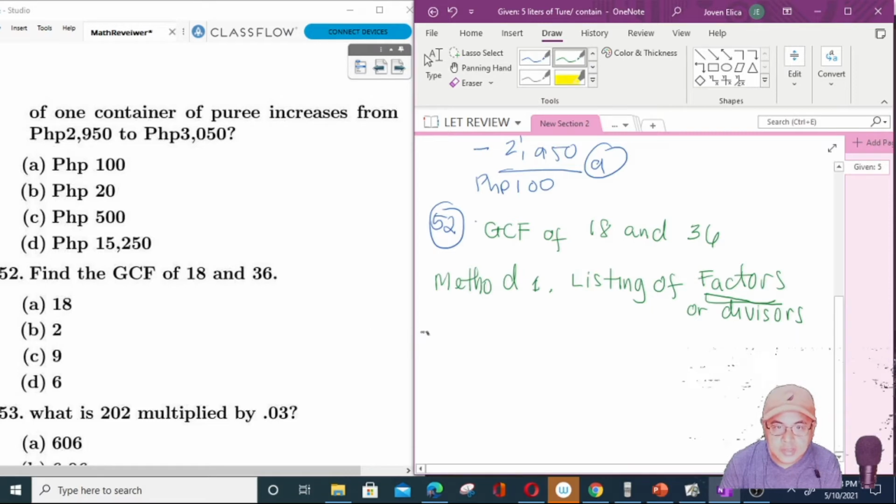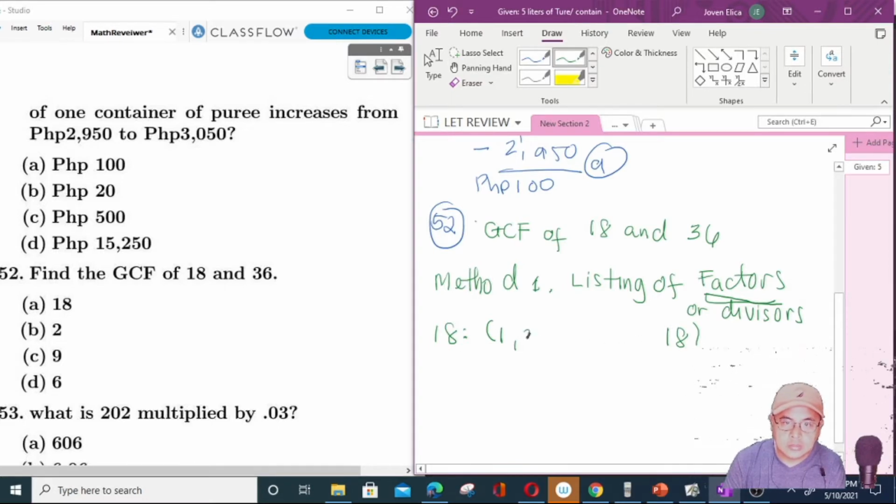Okay, so for example, for the listing method, for number 18, the first factors of 18 are 1 and 18. 1 times 18, if you multiply these two, the product is 18. So that is the first factor pair.